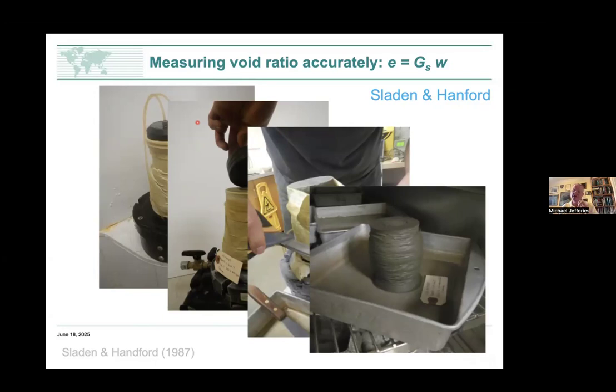What we do is we measure the end of test void ratio, and we then work backwards using the measured volumetric strains to work out what the initial void ratio of the test was. So it's working backwards. And it looks terribly complicated, but once you're used to it, it's very easy. Depending on the equipment you're using, you may need to put it in the freezer for 1 hour, 1.5 hours.